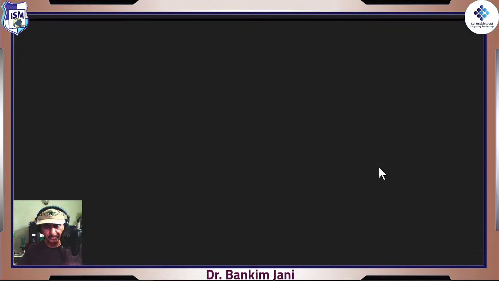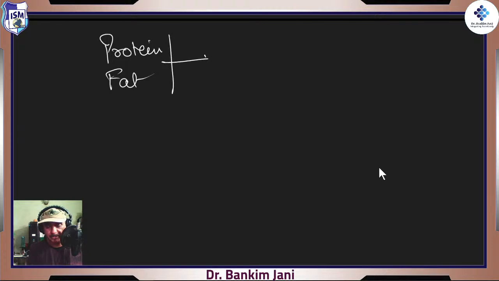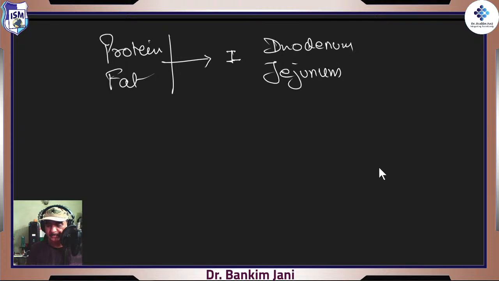So how is the summary? Let's keep a very easy summary. Protein and fat act on I cells of duodenum and jejunum. They release CCK, cholecystokinin.